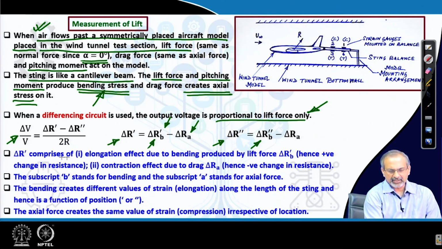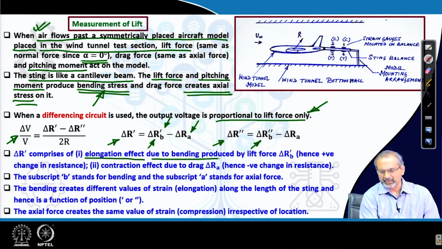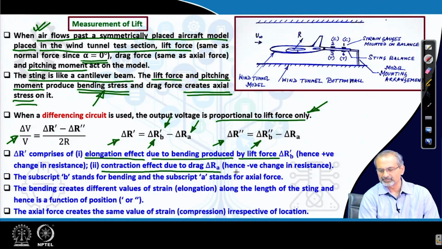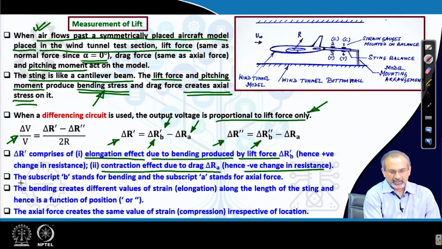So, delta R dash comprises of elongation effect due to bending produced by lift force, and hence positive change in resistance, and contraction effect due to drag force, hence negative change in resistance. The subscript B stands for bending and subscript A stands for axial force, which is imperative.